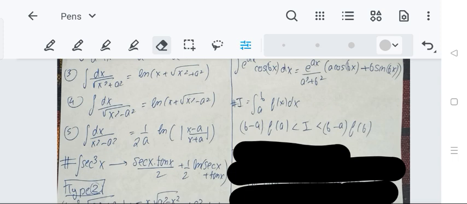For the integration from a to b of f(x) dx, its range will be based on the difference of the limits. The minimum value is b minus a times f of a, and the maximum value is b minus a times f of b.